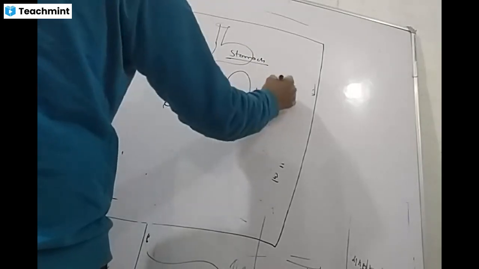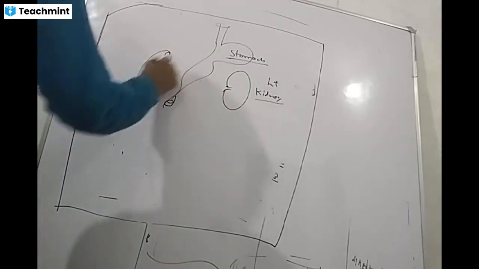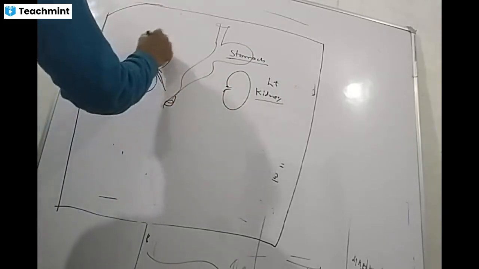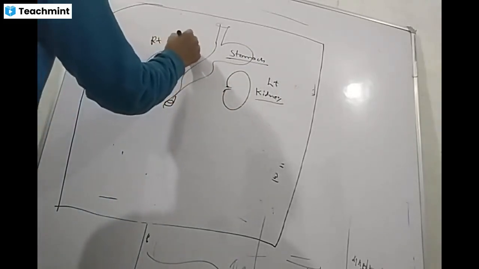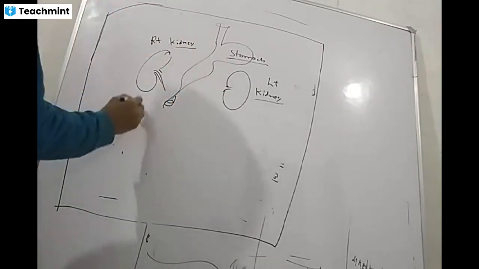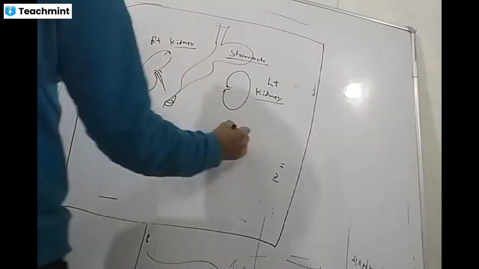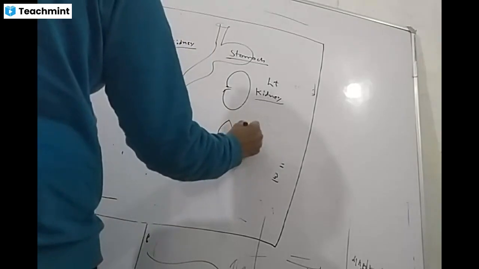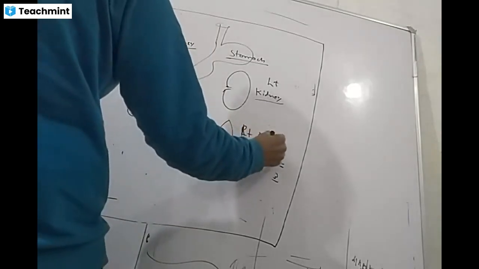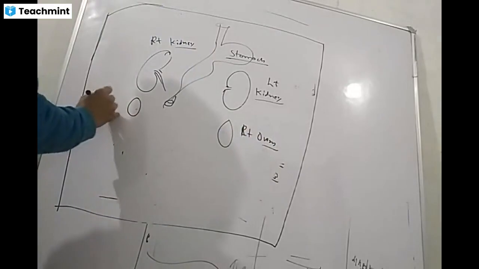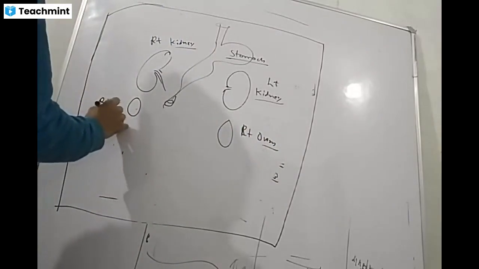This is the left kidney, and on this side we have the right kidney. Here you have the left ovary, and on this side you have the right ovary.